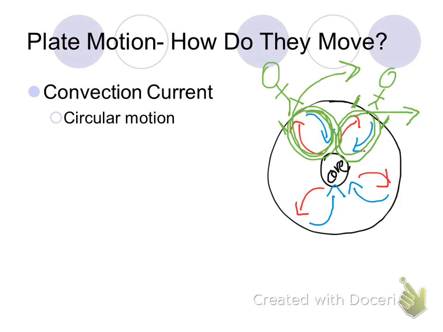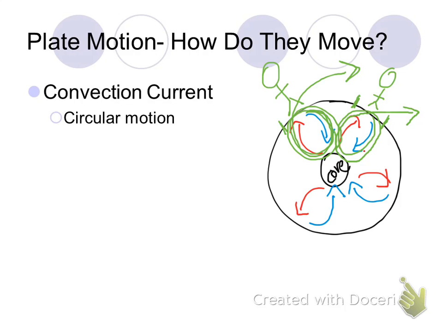So ultimately, you wrote one sentence out to the side about convection currents. What sentence did you write in your box? What sentence should be there? Alicia. Convection currents determine the direction and speed of the plates. Good. Convection currents determine the speed and the direction that the plates move.